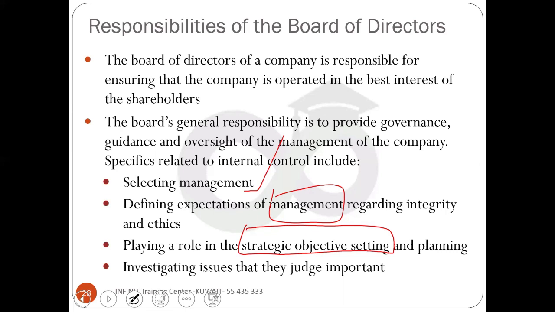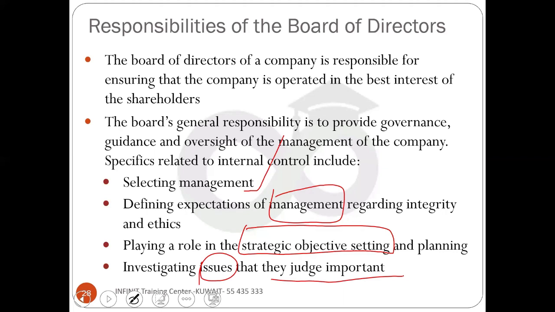So where should the company go, what is the operational objective, or what is the objective in terms of reporting? What is the strategy of the company for the future? That will be set by the directors, who will be involved in setting up the strategy and objectives.